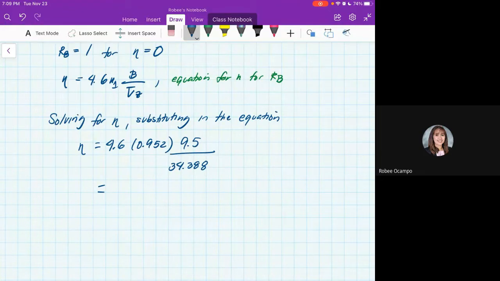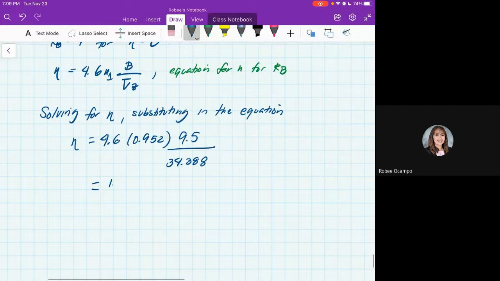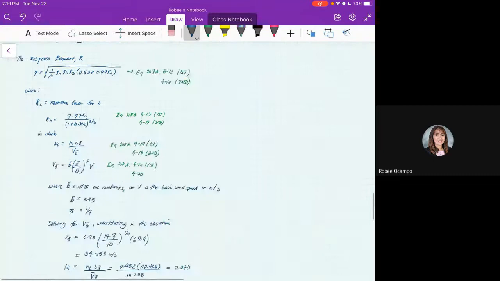Paki-check na ulit. Ma'am, yung value po ng B, hindi po 9.5, 9.15 po ata yun, ma'am. Okay. Sige. Thank you. That's actually 9.15.